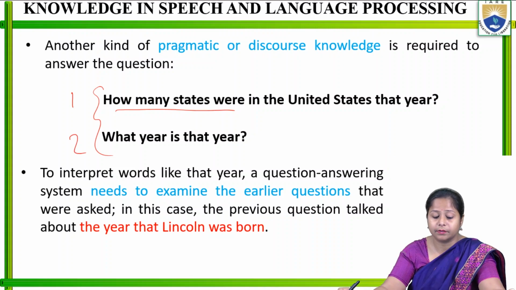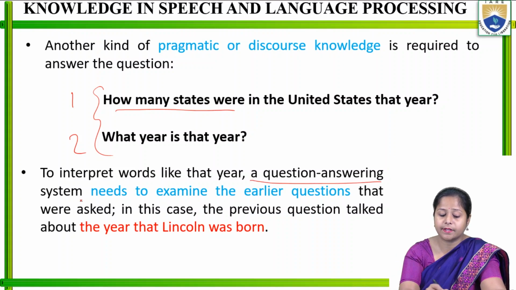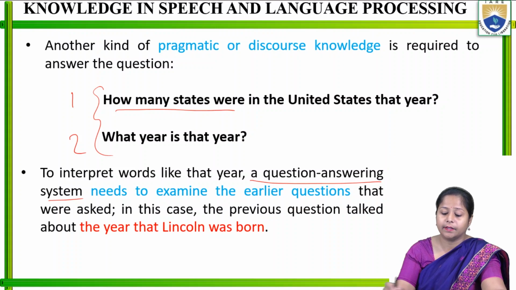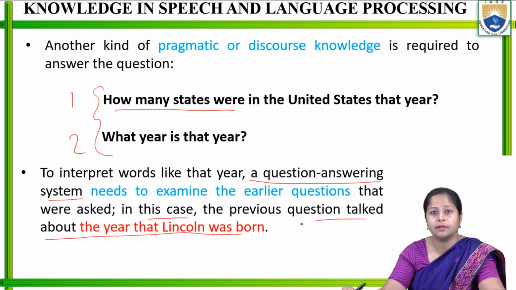To interpret words like "that year," a question answering system needs to examine these two questions. The earlier question talked about the year that Lincoln was born. So the right interpretation, the answer, is applied here in the form of pragmatic and discourse knowledge.